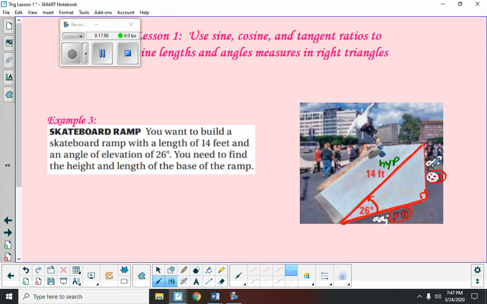So we're going to use the opposite side, this, and we have to look at what number we have. We have the hypotenuse. So which trig function uses the opposite and the hypotenuse? That would be sine. You look at SOHCAHTOA, opposite and hypotenuse, it's sine.